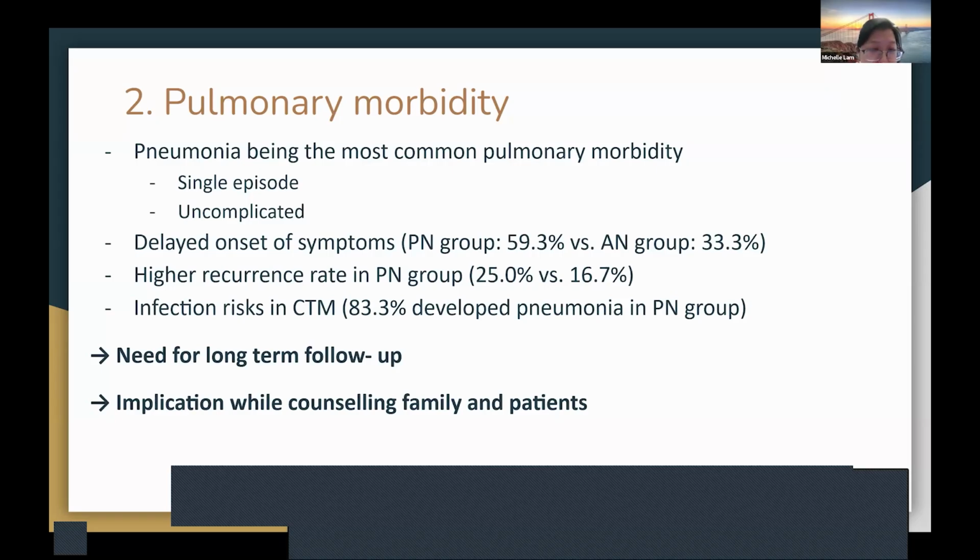The infection risk in CTM is quite high, especially CPAM, as 83.3% of them developed pneumonia in the PN group. So this showed that since there was a delayed onset of symptoms, these patients will require long-term follow-up, and it has a huge implication when counseling families and patients.